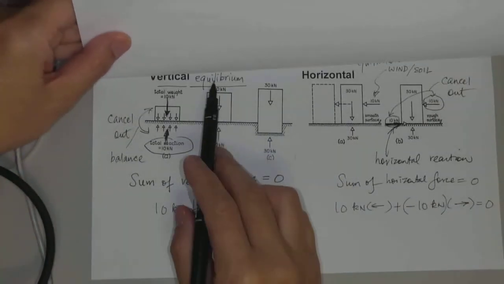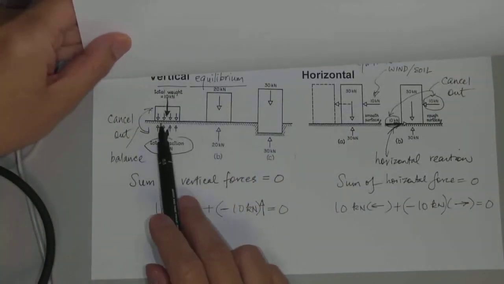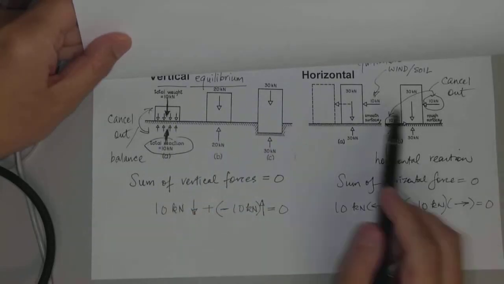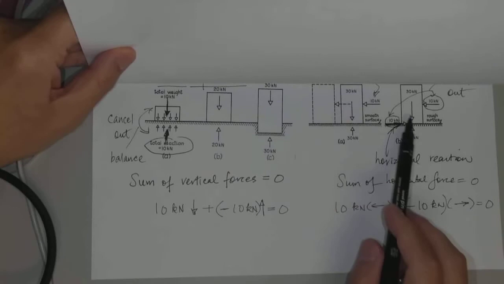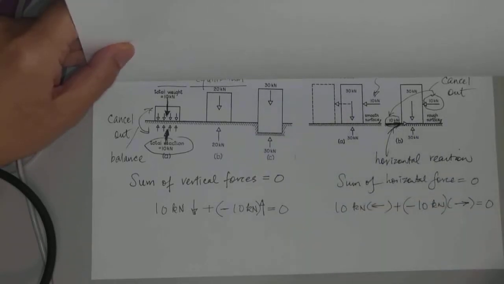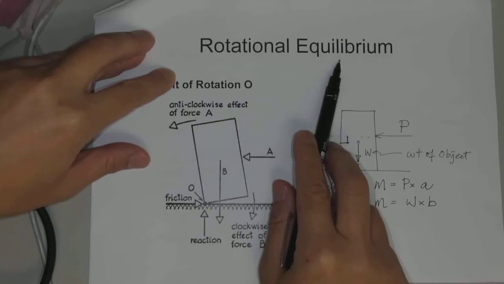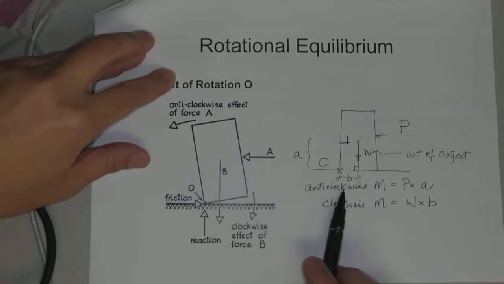In the vertical direction, we talk about upward and downward cancel out. In horizontal equilibrium, we talk about left and right cancel out. In rotational equilibrium, we talk about anti-clockwise and clockwise cancel out.